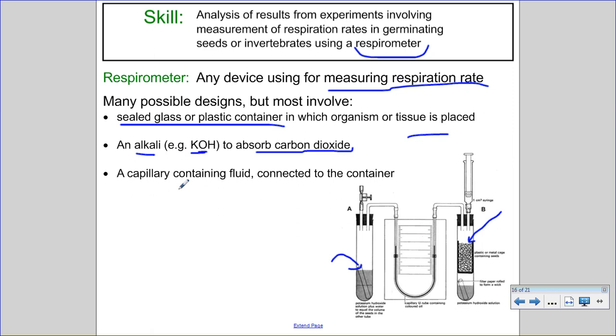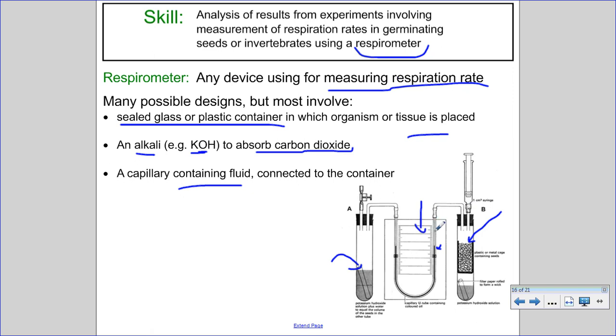And then there needs to be some type of capillary containing fluid connected to the container. So here we have a U-shaped capillary tube, and in the capillary tube is a fluid that will move or be displaced as CO2 gets generated from respiration.